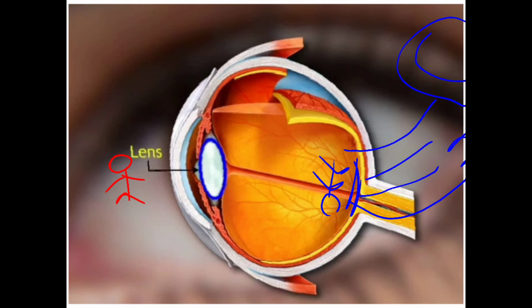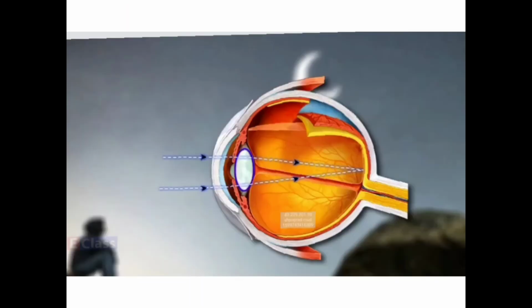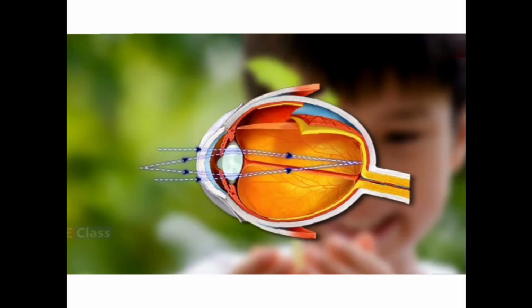Is this part clear? Okay. So while seeing any object at a large, infinite distance, the lens of the eye becomes flat and the focal length increases. And when you want to see a nearby object, the lens becomes more round in shape.